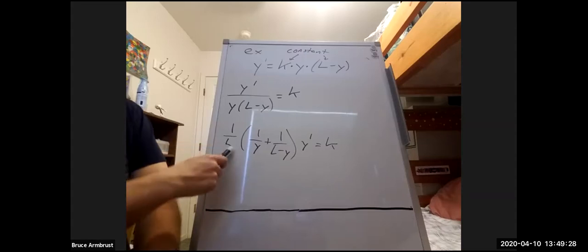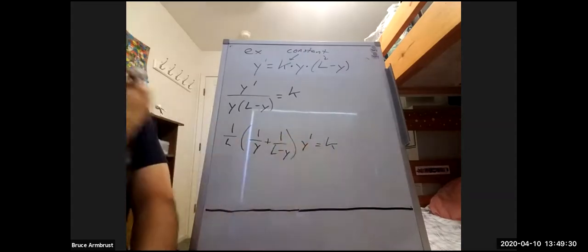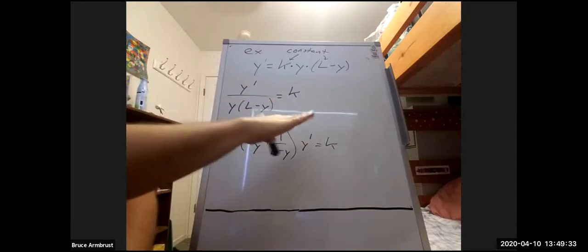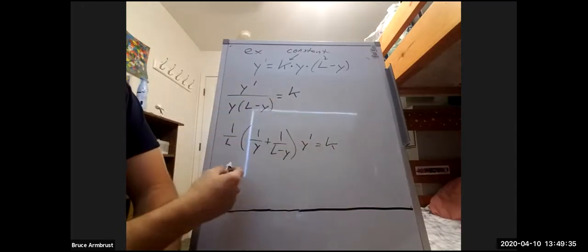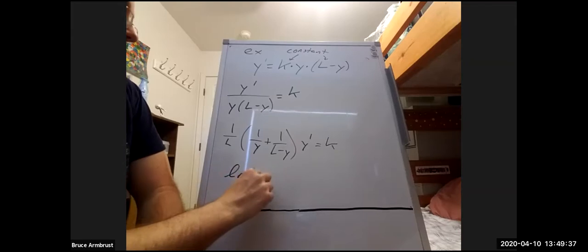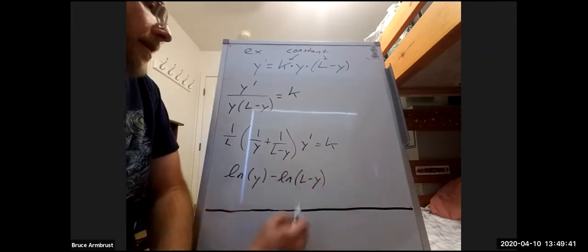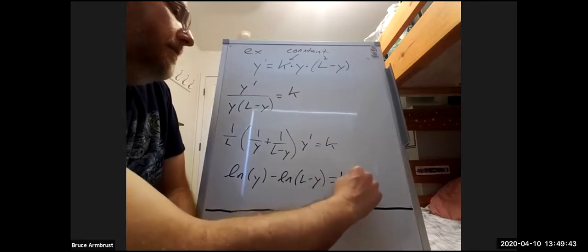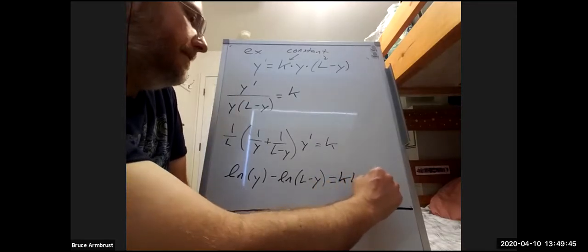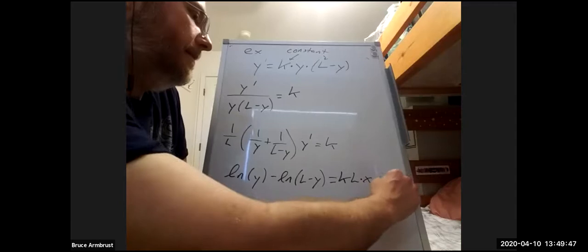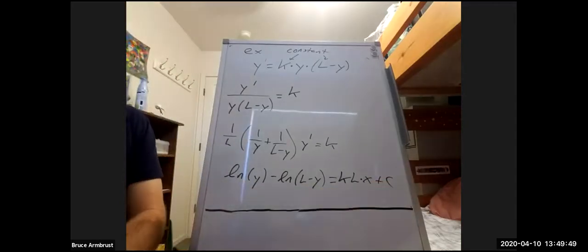We can even fire that L over onto the other side since it's a constant and just kind of lump it in over there. But what we'll get is the natural log of y minus the natural log of L minus y is equal to kL times x plus c.